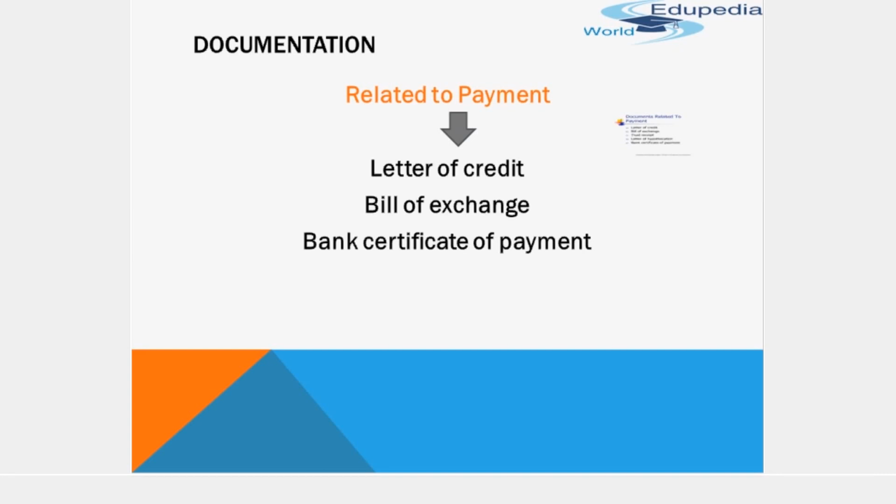So, the bank certificate of payment is a certificate that the necessary documents, including bill of exchange, relating to the particular export consignment have been negotiated. That means it is presented to the importer for payment, and the payment has been received in accordance with the exchange control regulations. So these are the documents required relating to payment.